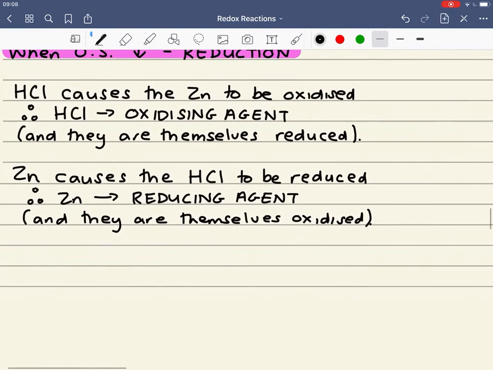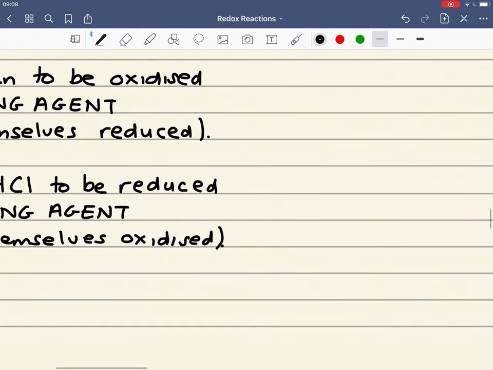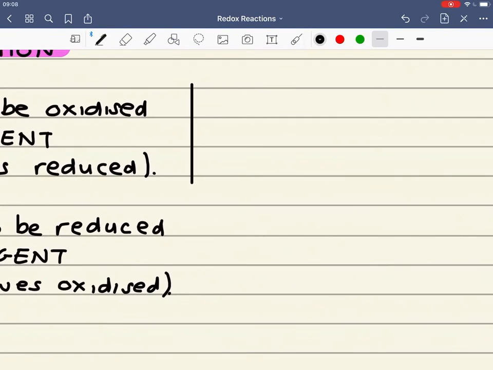So typical oxidising agents are usually non-metals. So oxidising agents tend to be non-metals like fluorine, oxygen, chlorine, or oxidising agents may be species which has an atom with a very high oxidation state. So something like, you should know from the organic, the dichromate ion.